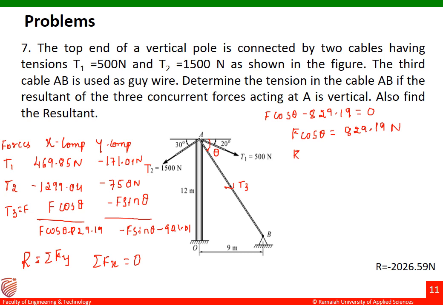Now we'll go for R equal to summation Fy. So R is equal to R sin theta, R sin theta is equal to minus F sin theta minus 921.01 Newton.